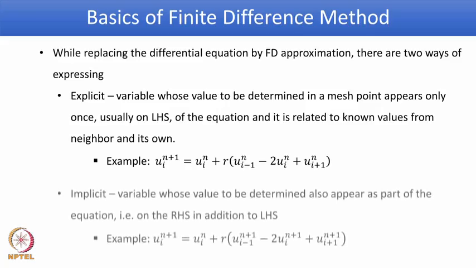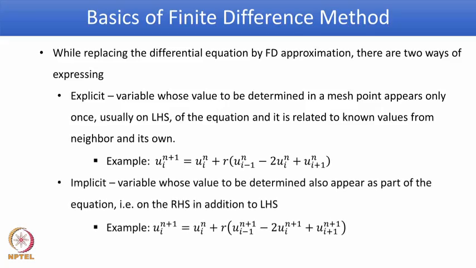The second one is known as an implicit formulation, where the variable whose value is to be determined also appears as part of the equation. Which means, if you write the finite difference equation, you will observe that the variable for which you are trying to solve appears both on the left hand side as well as on the right hand side.